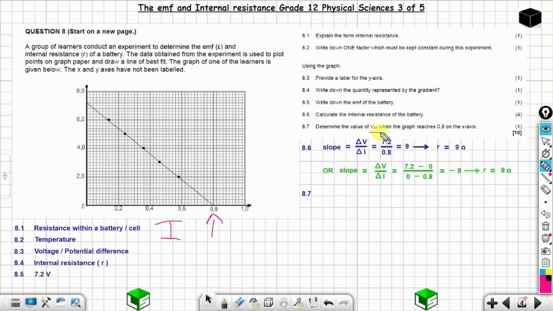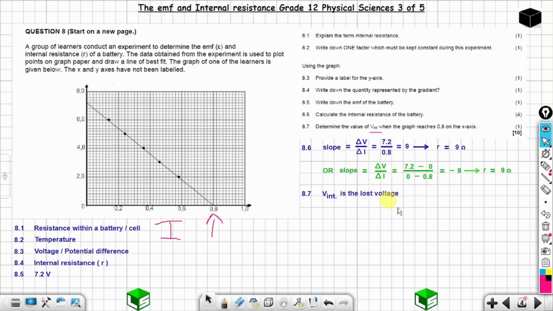Determine the internal voltage. So the internal voltage is the lost voltage inside of the battery. So how much is lost? From 7.2 to 0. How much is lost when you reach 0.8 on the x-axis?